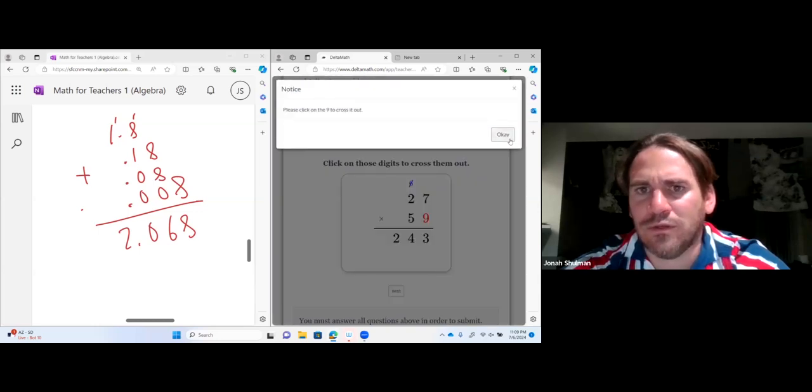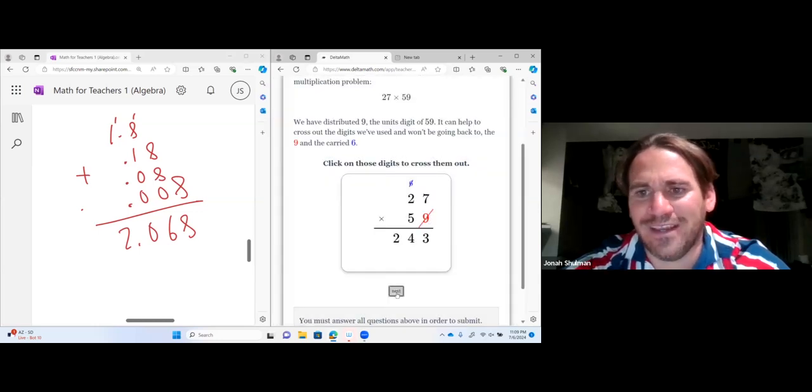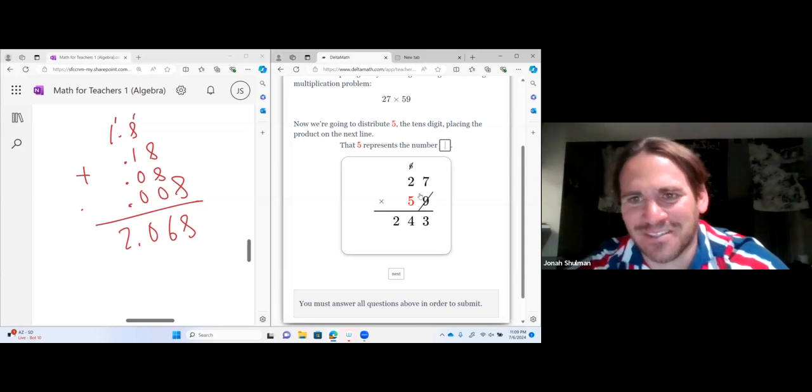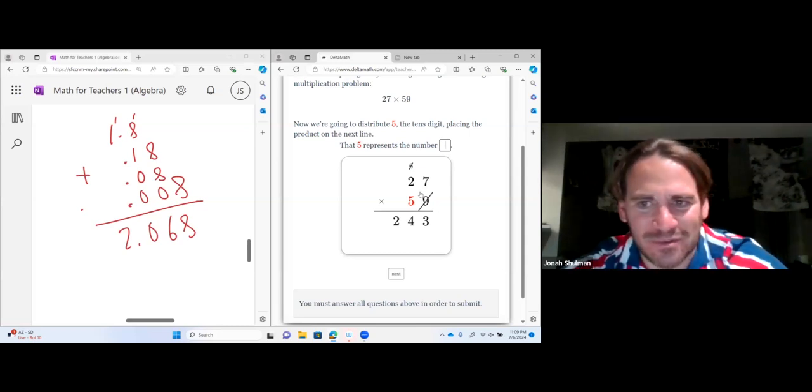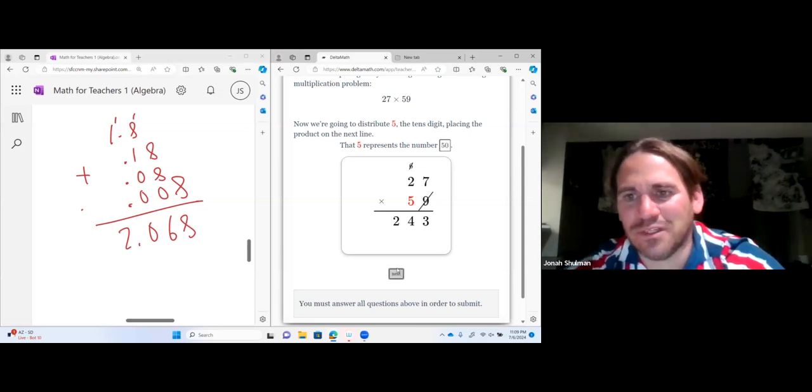Oh, that's where they wanted me to do it. Well, okay. I get where they want me to cross out. 5 represents the number 50. So that's why we need the 0 to hold the place.